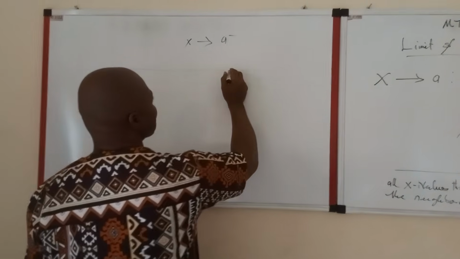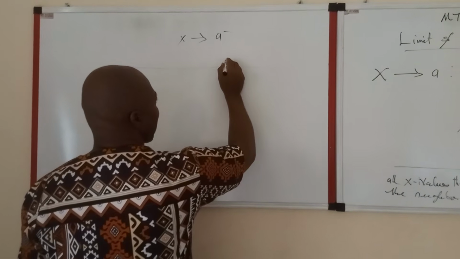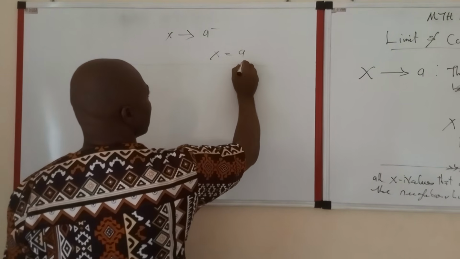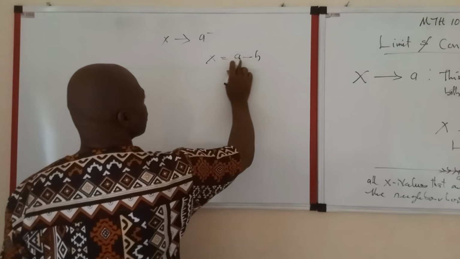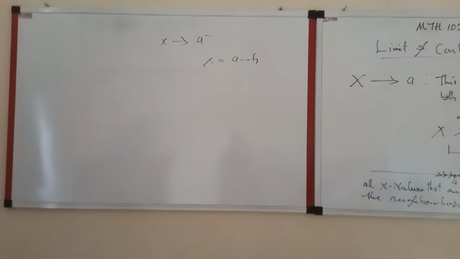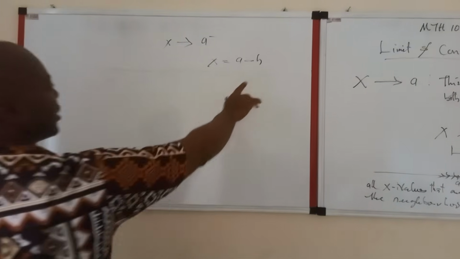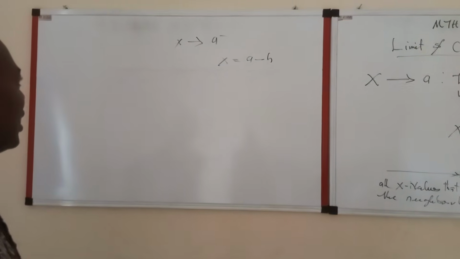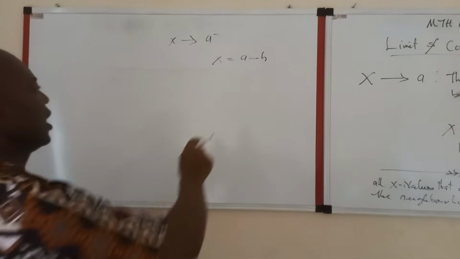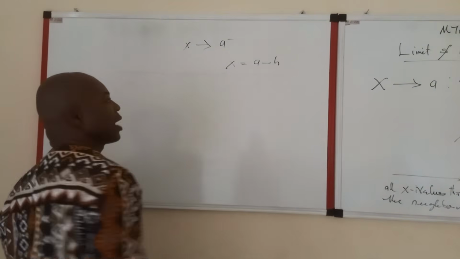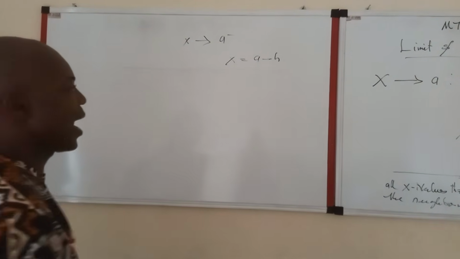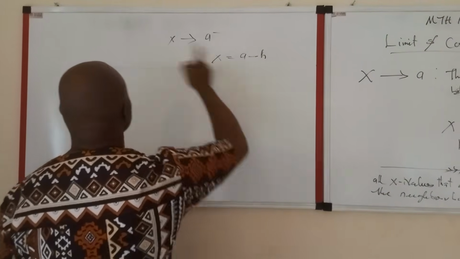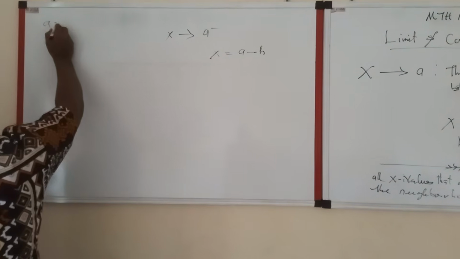This we can also write as x is equal to a minus h, where h here is a very small positive number, and you can call it the step size. The step size.